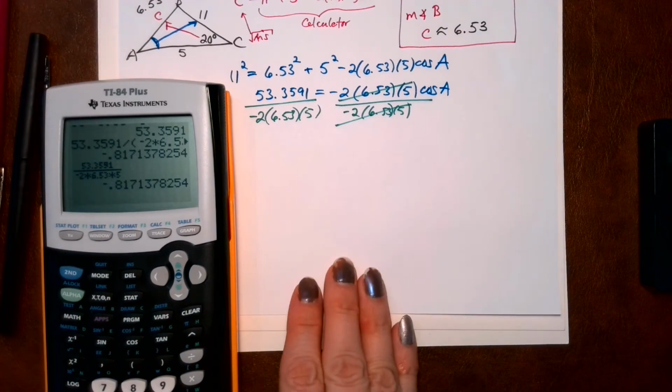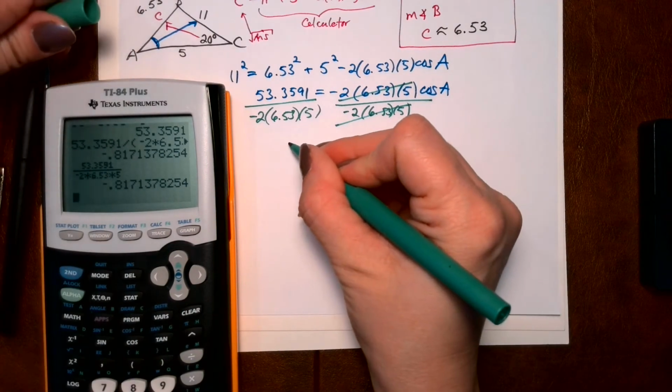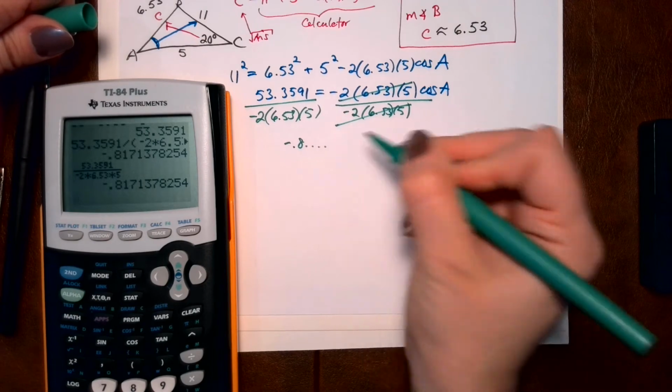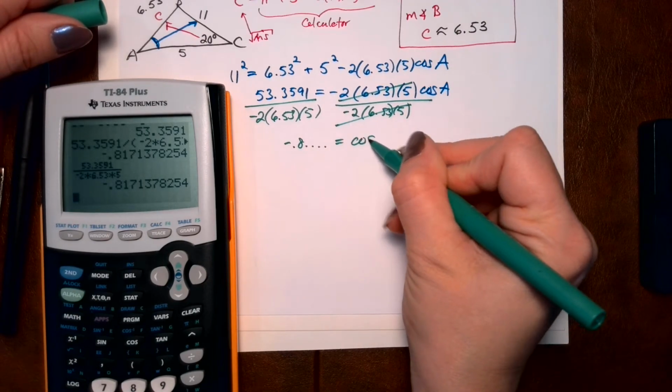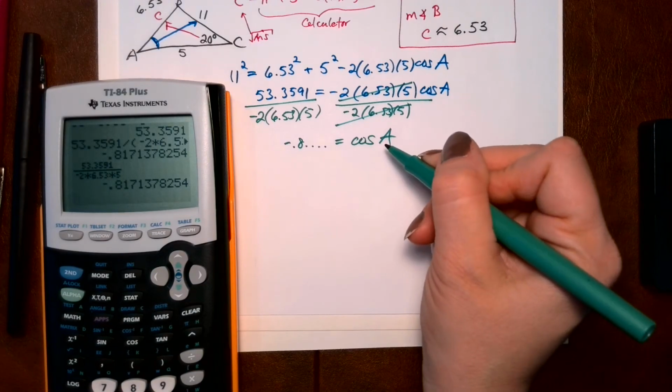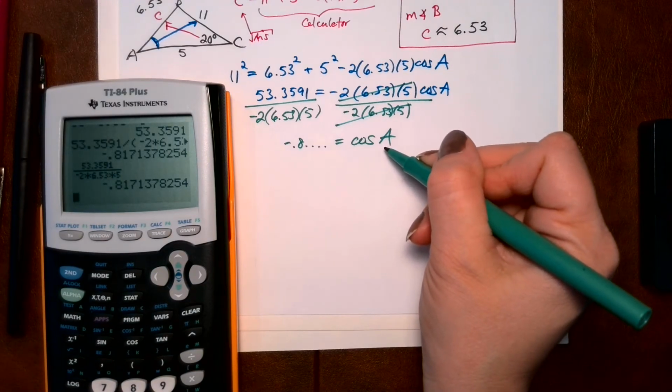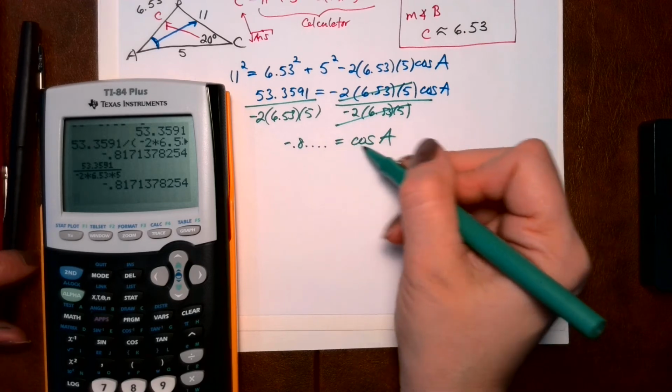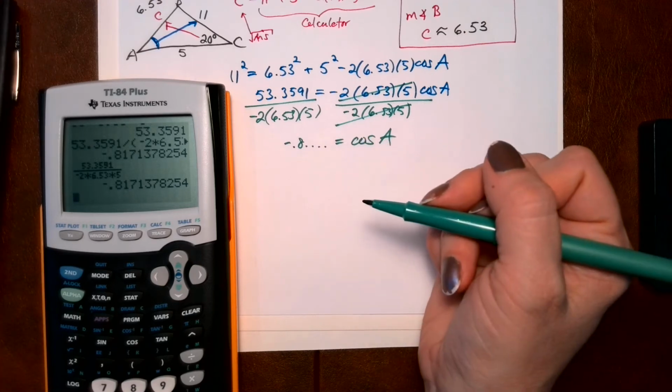All right, so now what we have, all these decimals, negative 0.8, blah, blah, blah, equals cosine of angle A. How are you going to find the measure of angle A? We'll have to do cosine inverse of that answer.